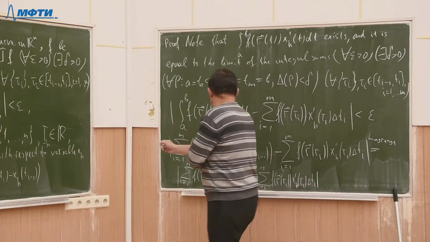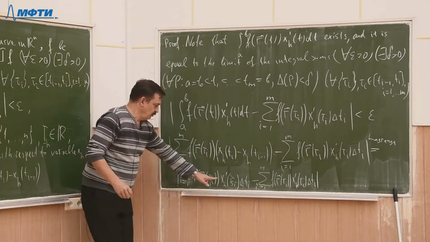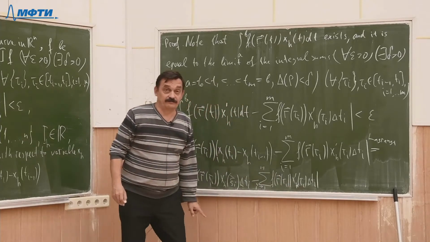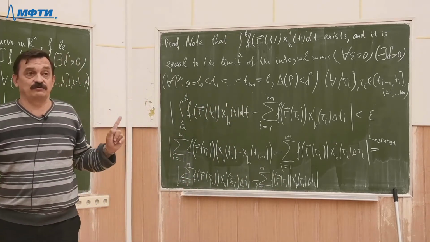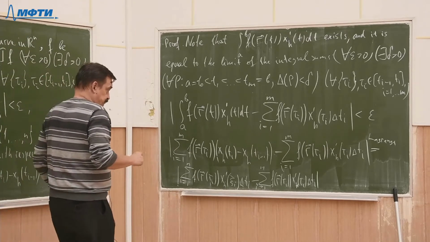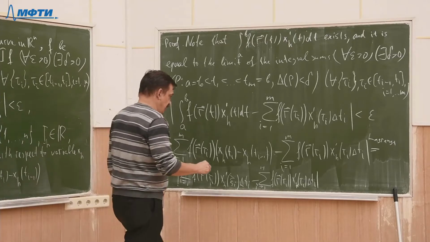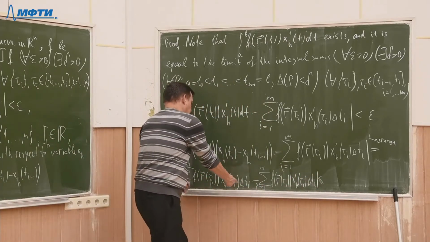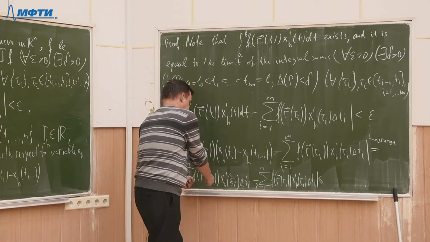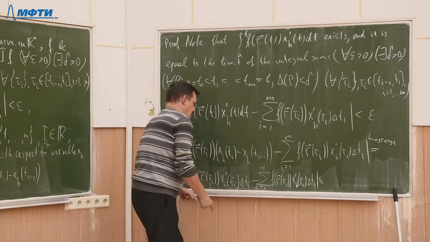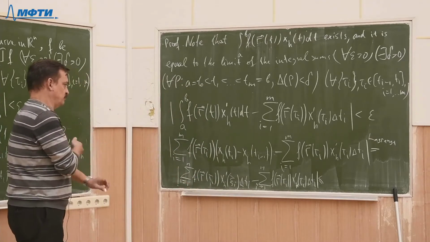So you see what the difference is. Here we have psi and there we have tau. There is only one difference between those two expressions. And we can estimate it by putting it into one sum, with common multipliers f and delta t_i.